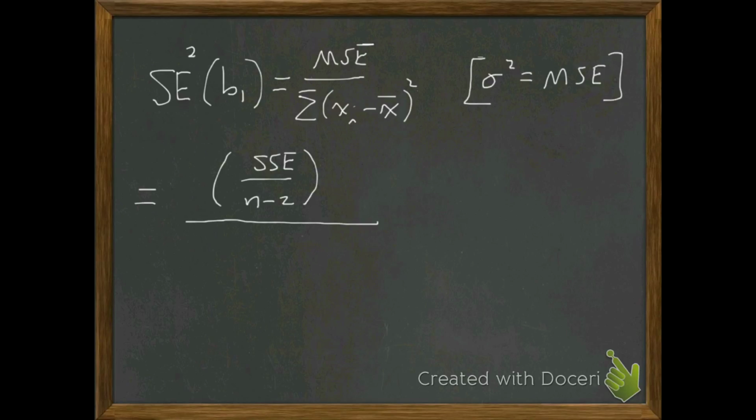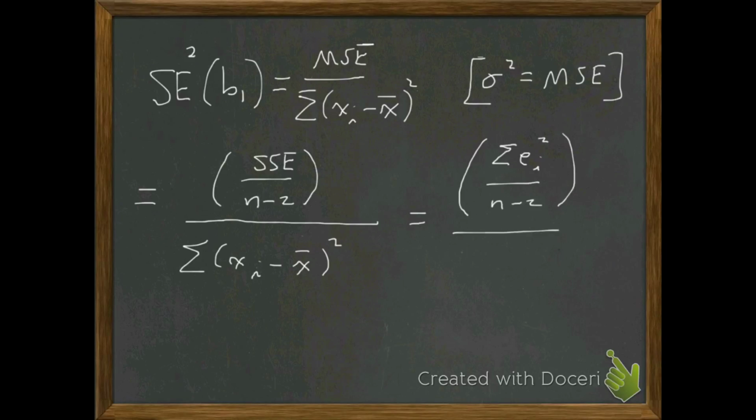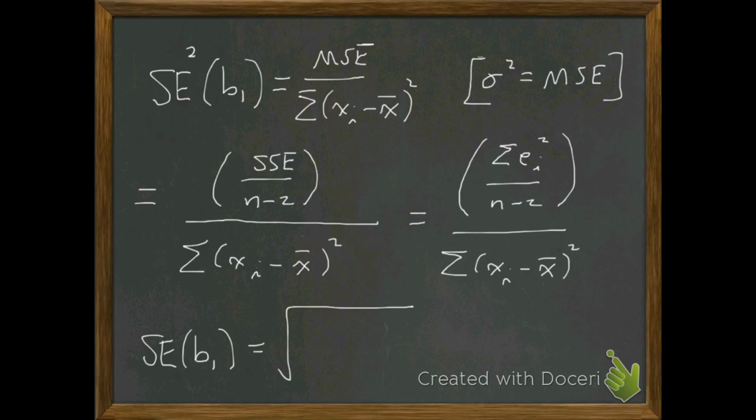So the squared standard error is the sum of the errors squared over n minus 2, divided by the sum of x sub i minus x bar squared. Therefore our standard error for B1 will be the square root.